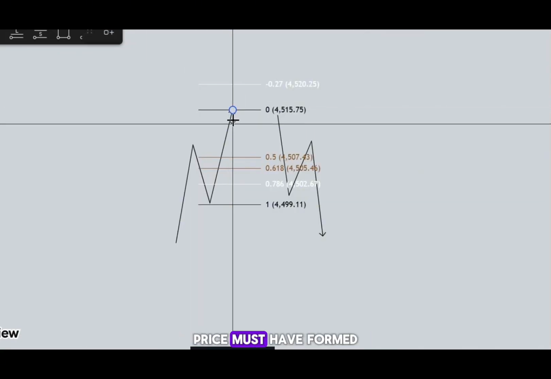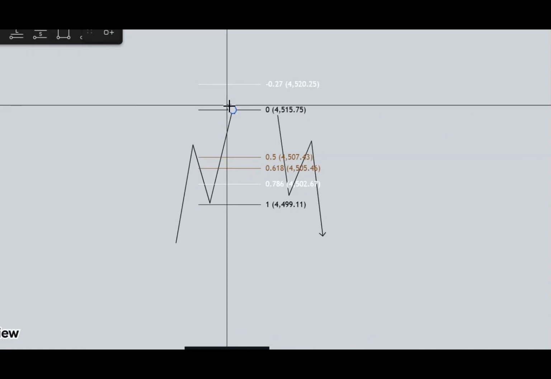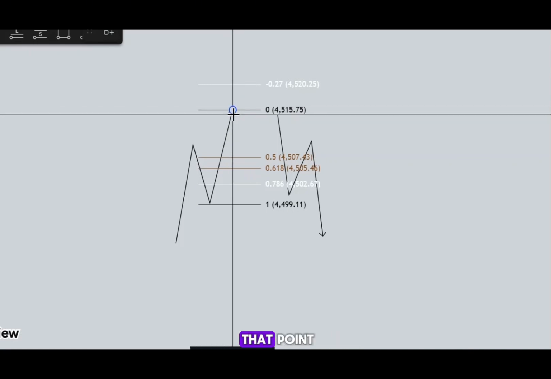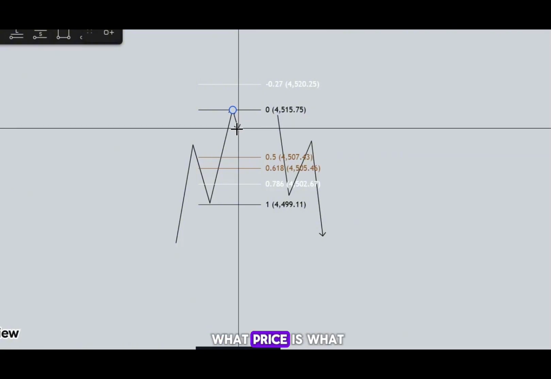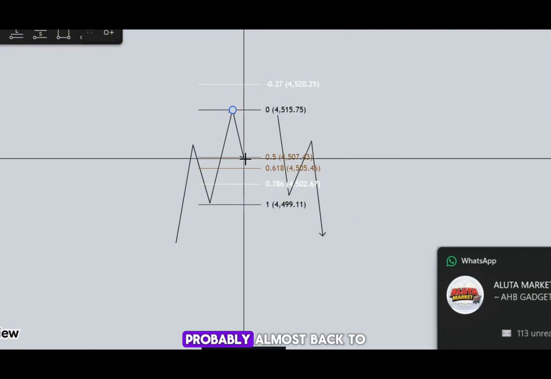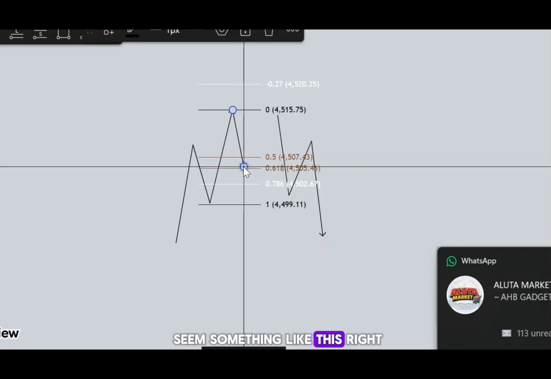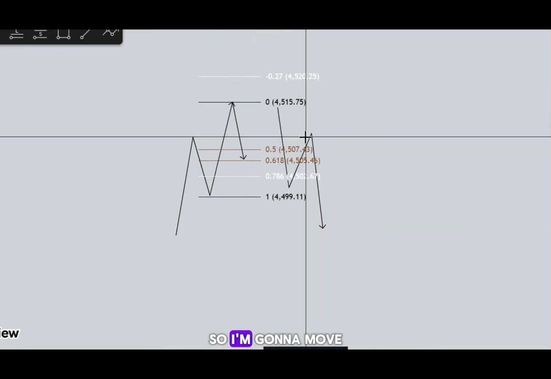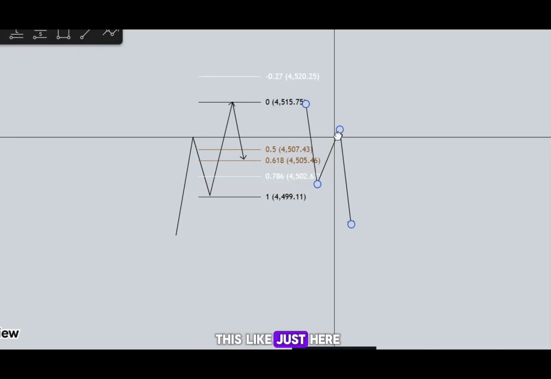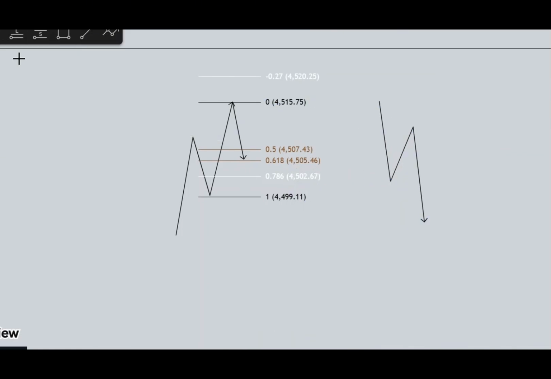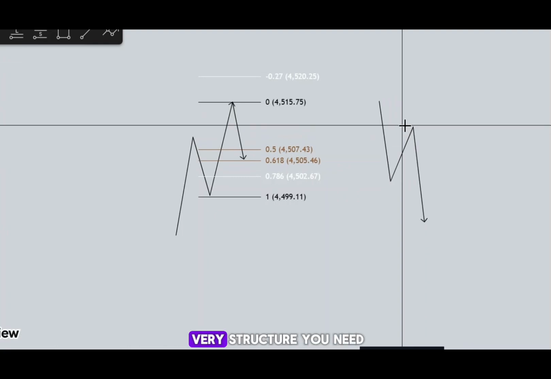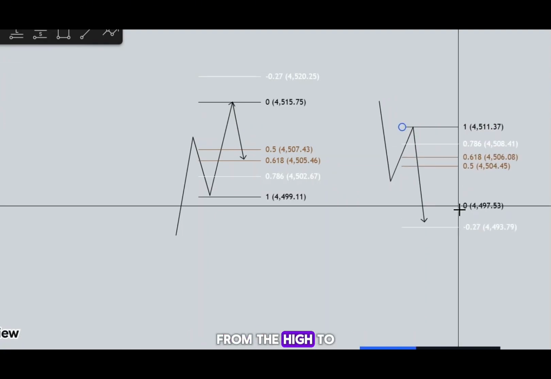Price must have formed a low, like a bullish and a bearish candle at that point, and then you see price already retracing, probably almost back to this area, or maybe a little bit more, but let's make it seem something like this. So I'm going to move this like this here. So for the bearish structure, you need from the high to the low.